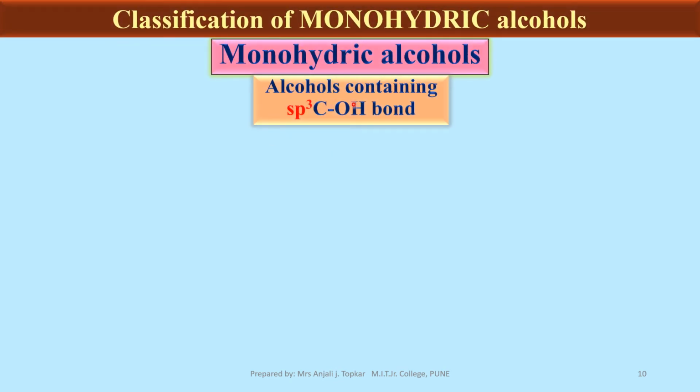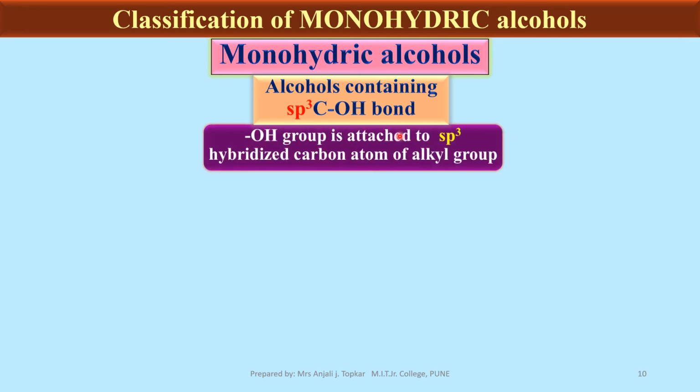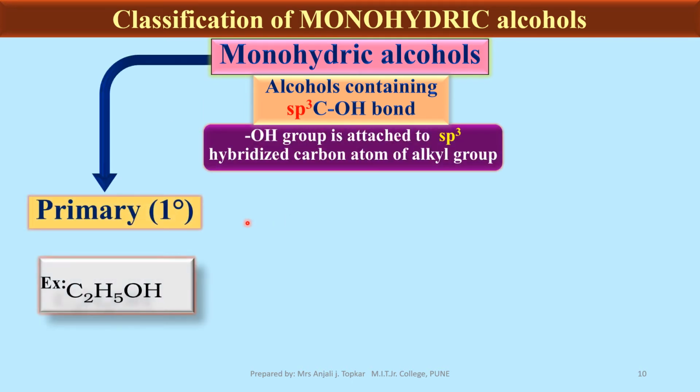Let's talk about alcohols containing sp3 hybridized carbon atom bonded to OH group. First we are going to see primary alcohols. As it can be seen here, the example given here is C2H5OH, that is ethanol or ethyl alcohol.